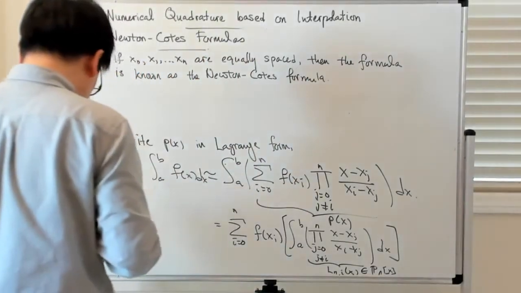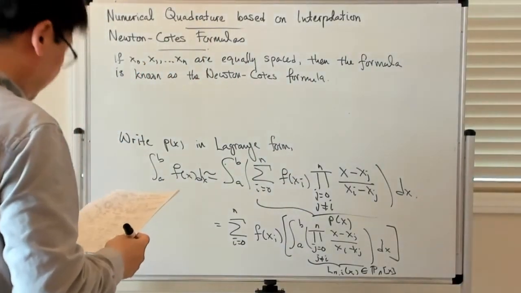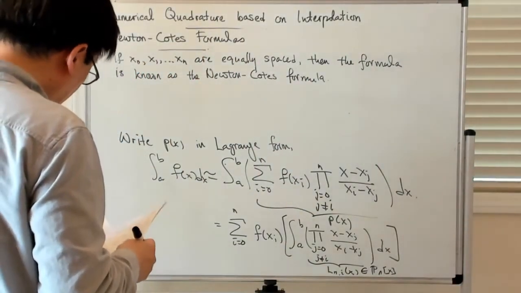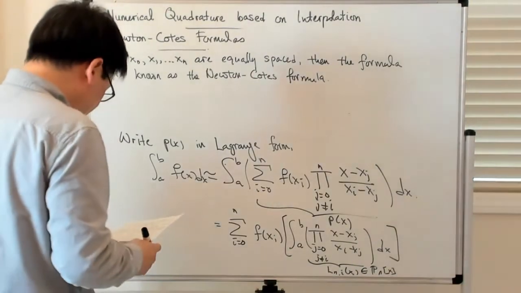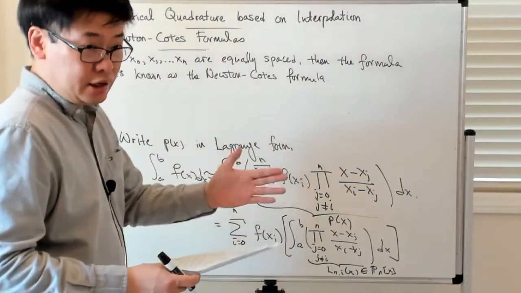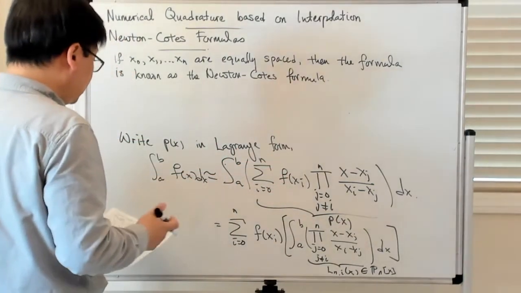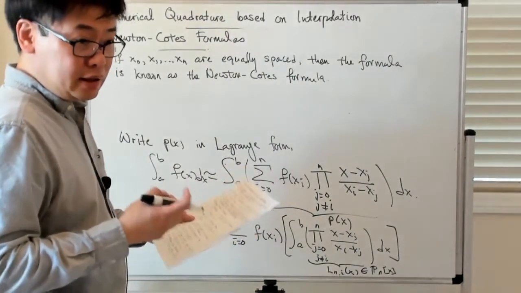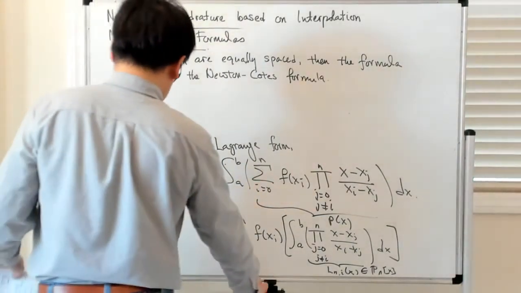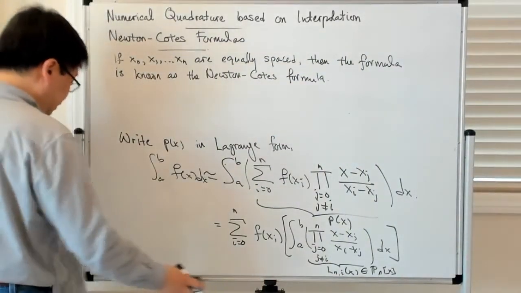Okay, so let's look at simple examples of this. Perhaps the simplest example you could have is piecewise linears. A linear interpolant obviously corresponds to situations where the data only has 2 points, or where you only evaluate the data at 2 points.